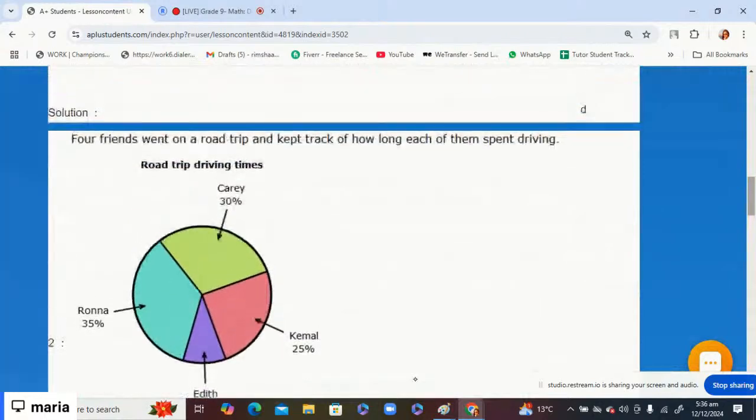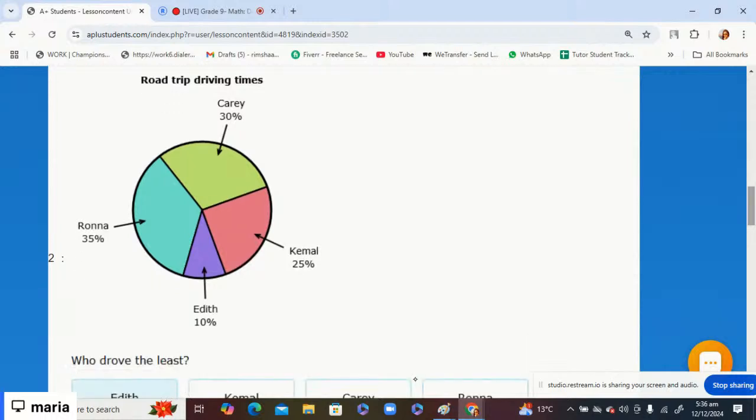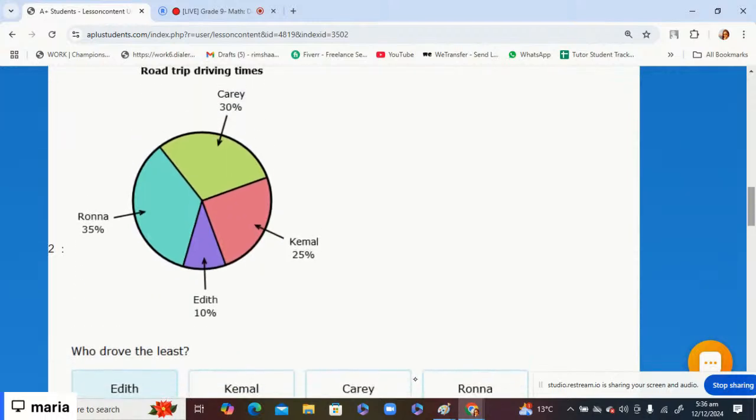Look at here this graph. Four friends went on a road trip and kept track of how long each of them spent driving. Carrie is 30%, Camel is 25%, Eddie is 10%, and Rona is 35%. Who drove the least?